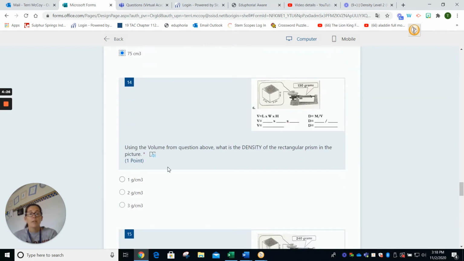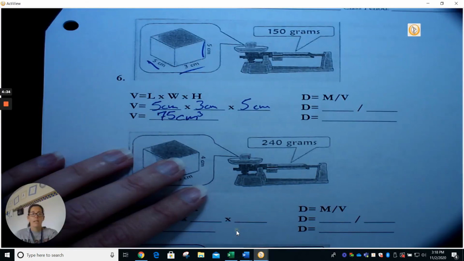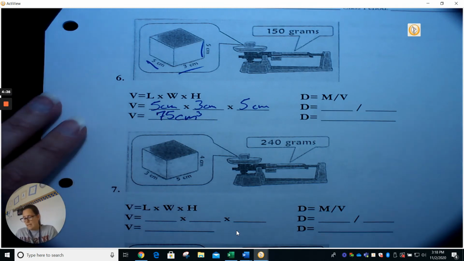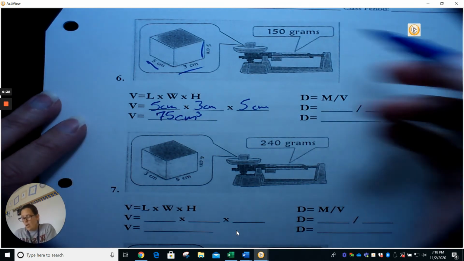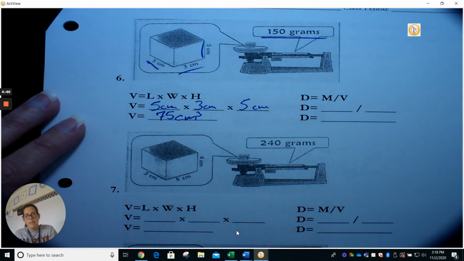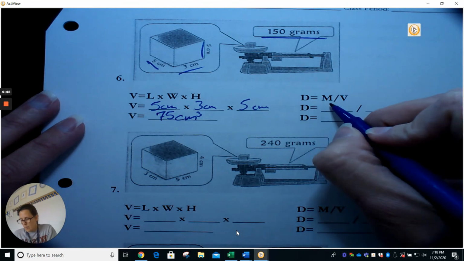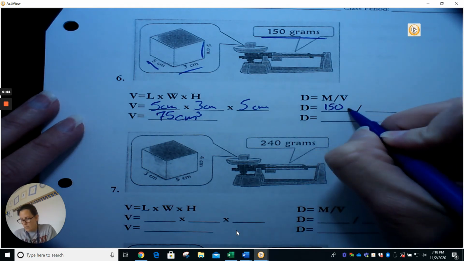Now, using the volume from the question above, which is 75, what is the density of the rectangular prism in the picture? Okay, so density equals mass divided by volume. Our mass is 150 grams. So I'm going to put 150 G for grams.